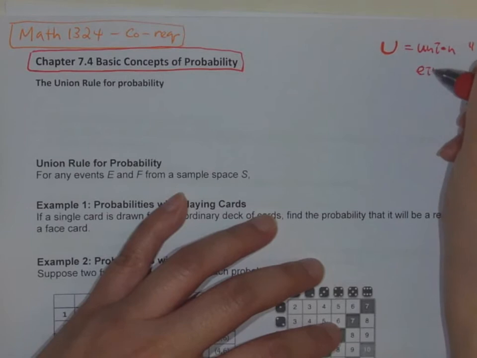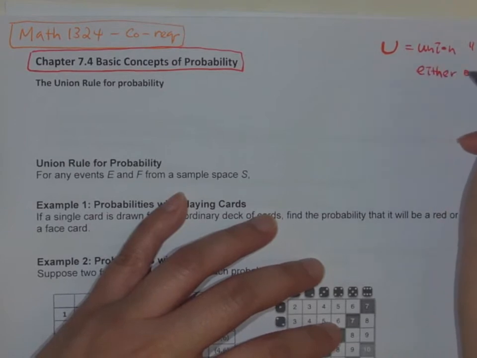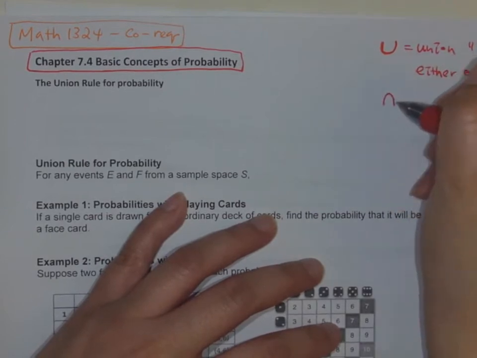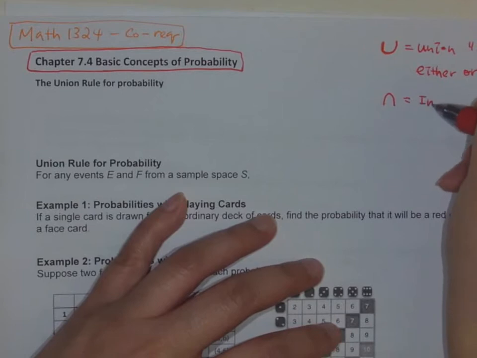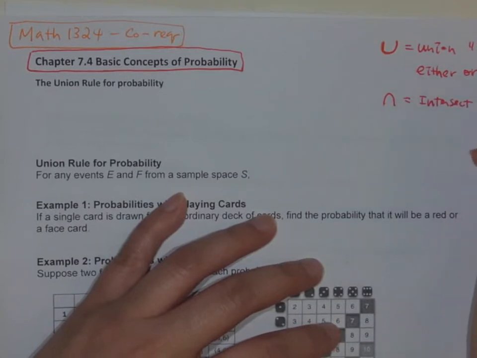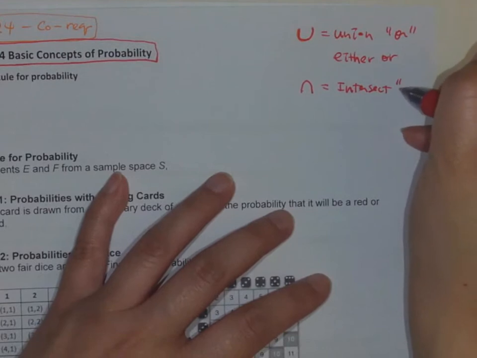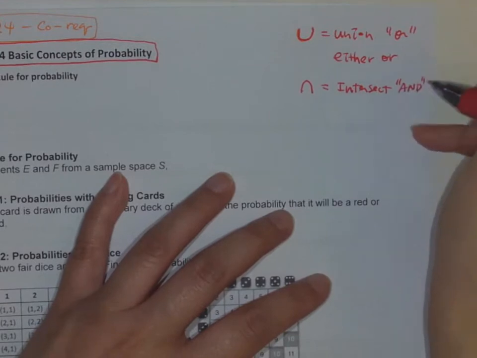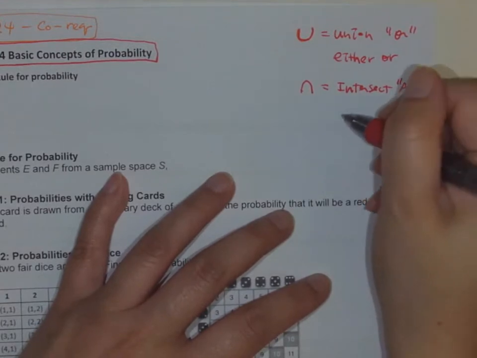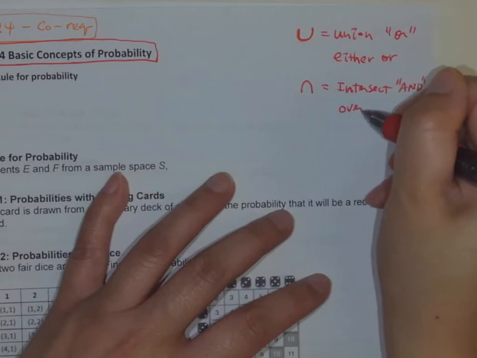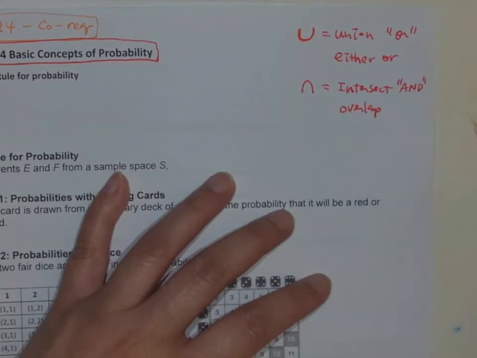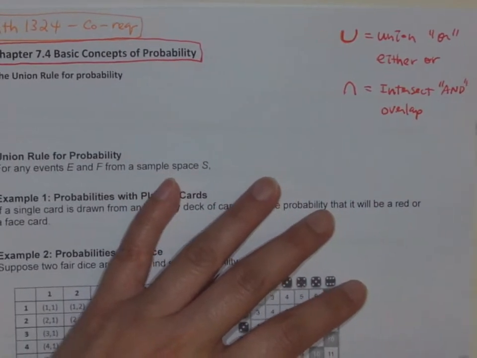It means either/or. And this represents intersect. The keyword for that is "and." It means we are going to look for the overlapping part. Okay, so you need to remember that.